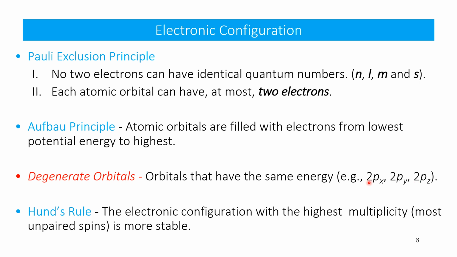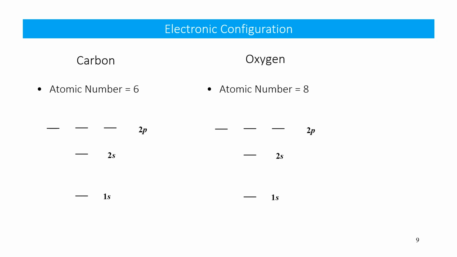And finally, we have Hund's rule, which states that the electronic configuration with the highest multiplicity, i.e. the number of unpaired spins, is more stable. We can see this at work. If you notice carbon, which has atomic number 6, we can use the Aufbau principle with Hund's rule and start filling up this species.